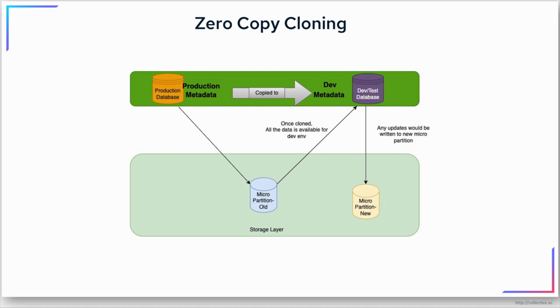In addition, when any data changes happen, the metadata repository automatically updates to provide a pointer to the changed data. All of this is performed in the background by software without any involvement of the user. So basically the metadata repository still retains the record of all the versions of the dataset. This is how zero copy cloning works in Snowflake. So that's another important feature.